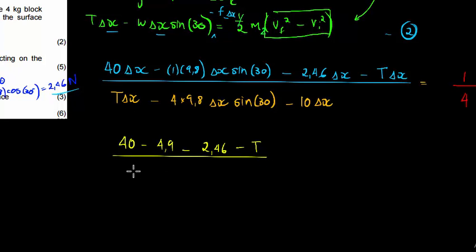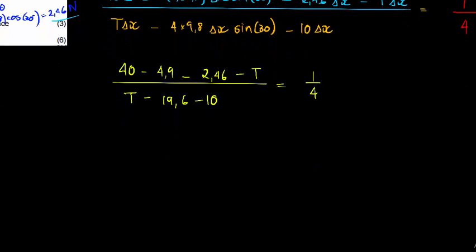So in the bottom I'm left with t minus, again sine of 30 is just a half of 4 is 2, so it's 2 times 9.8 is 19.6 minus 10, is equal to a quarter. Excellent.